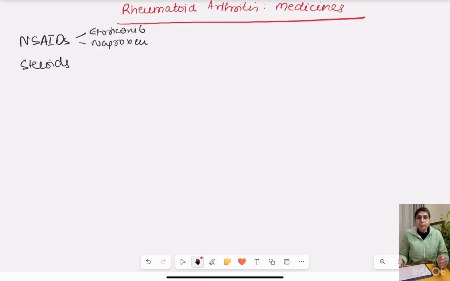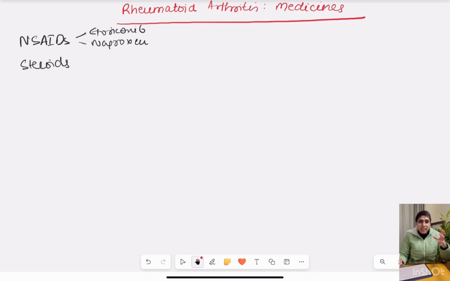Now we can't give a patient steroids for a long time. We have to suppress the antibody levels in the patient, so we have to switch the patient to some steroid sparing agents. These also lead to remission in rheumatoid arthritis and modify the disease, in that they reduce the inflammation and change the morphology of the joint.